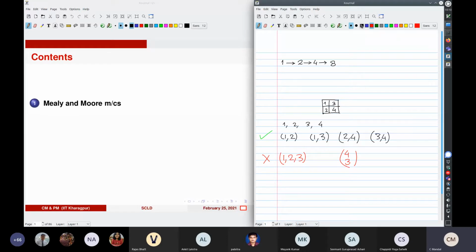Rather, what you are doing next is constructing these: 1, 2, 3, 4. Then you're also doing 1, 3, and 2, 4.